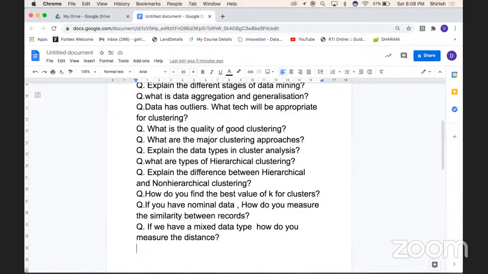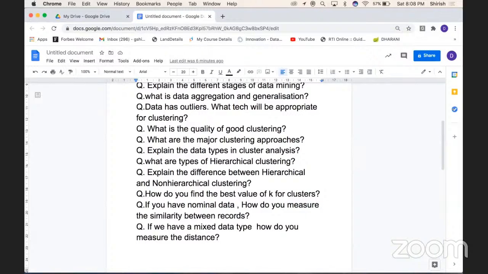Output for k-means is not same for every execution. Correct, it's not same, I agree. But because of that reason, k-means is also called as, it has a name. Only because of this reason. K plus plus.